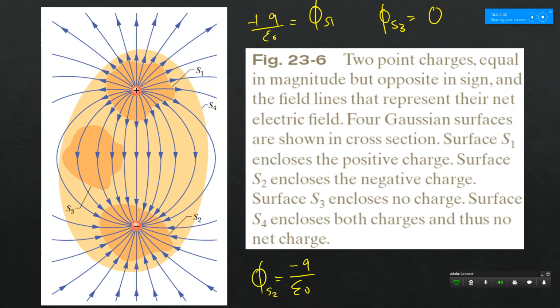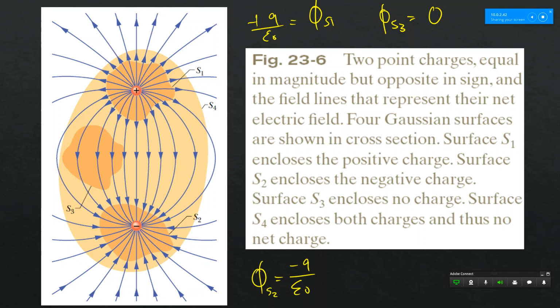What's the flux around this big surface here? I call this big surface S4. What would be the flux for that? Zero. Why? Exactly. The same amount flows in that flows out. What's the charge inside this surface? Maybe think of it that way.